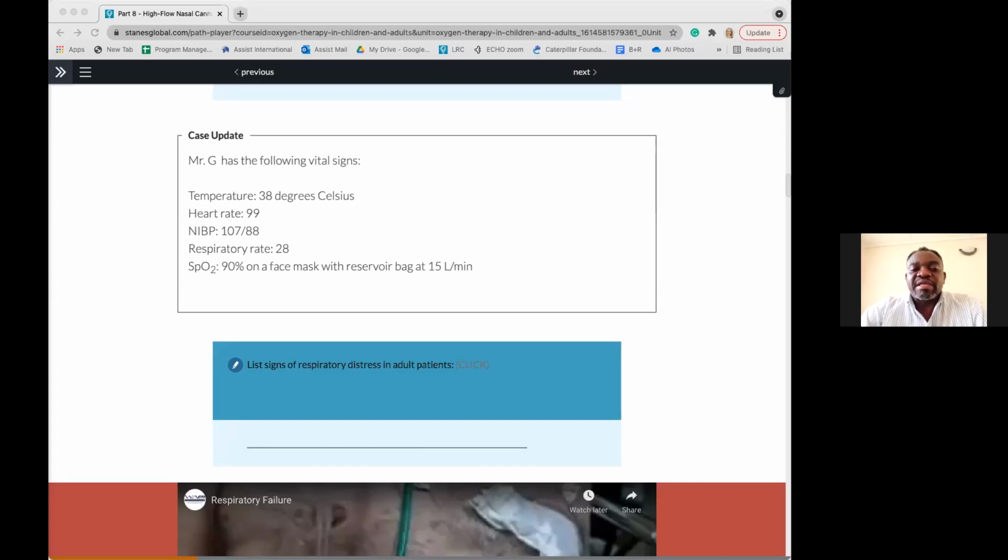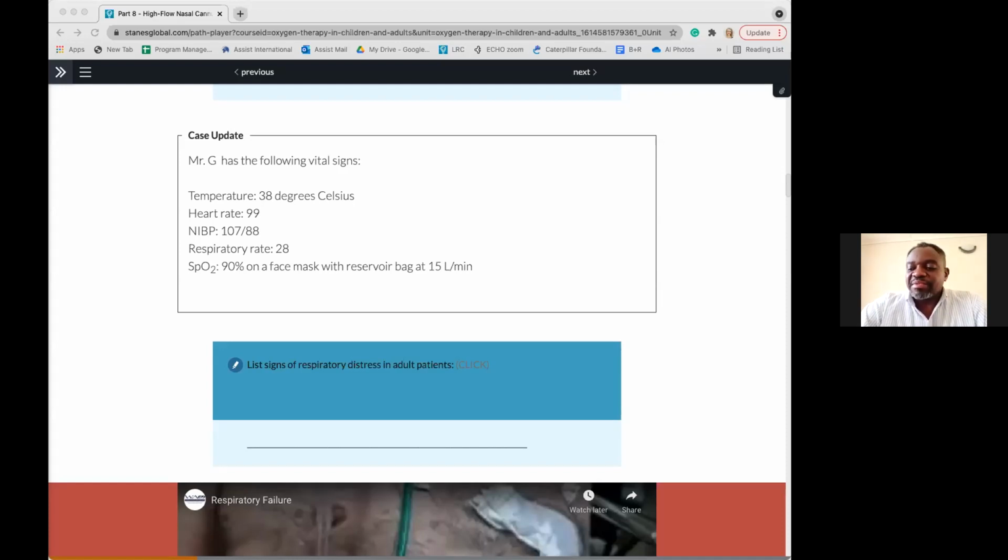The patient is making so much effort that he is using almost all muscles, everything on the body, to be able to breathe. And something that is very common is retraction. The chest skin sinks in just below the neck and under the breast, and that happens with each breath.